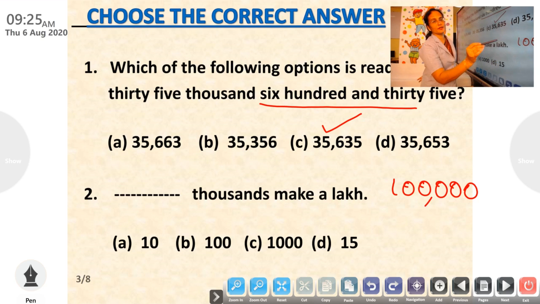Now how will you read this in the international system? It is 100,000, isn't it? So dash thousands make a lakh. Answer is 100,000. So B is the correct answer. 100,000 make a lakh. Okay.